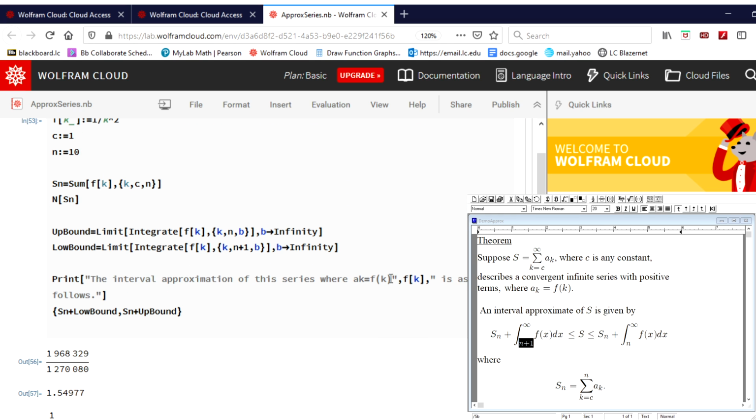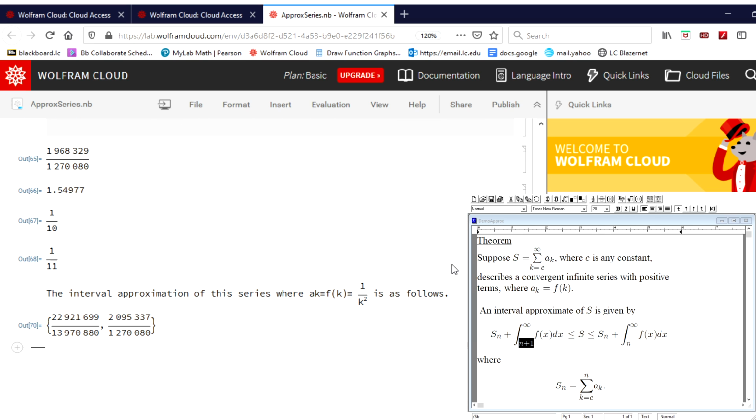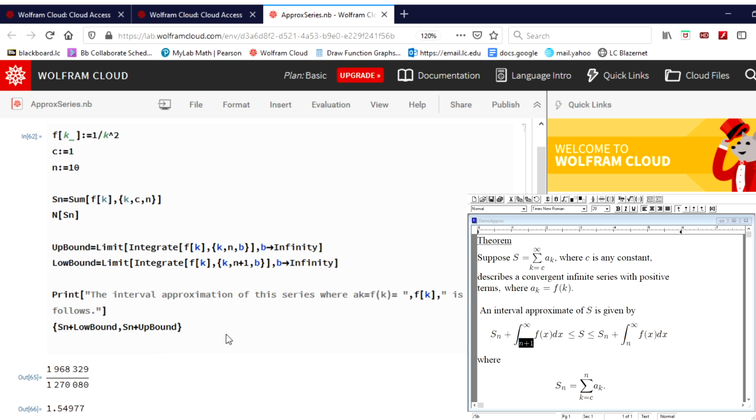And actually, let me put in an equal sign here with a space, and that'll give us some nice spacing. The interval approximation where a sub k equal to f of k is equal to 1 over k squared is as follows. Now, it gives me this interval of approximation in a rational form.